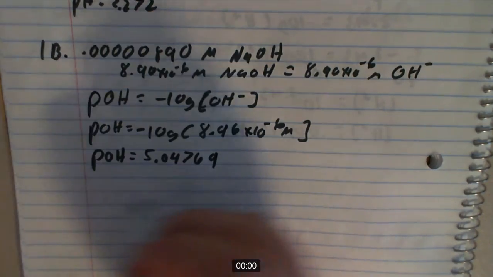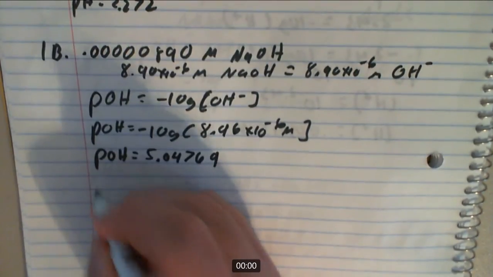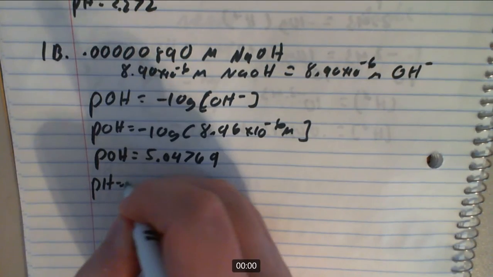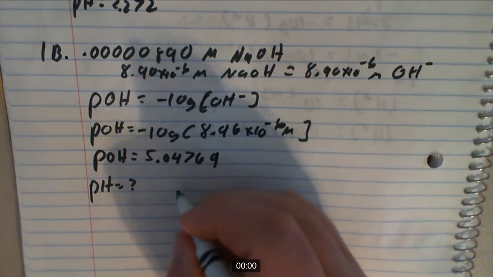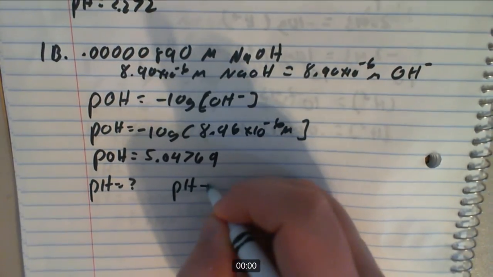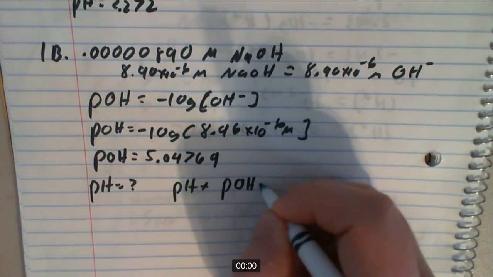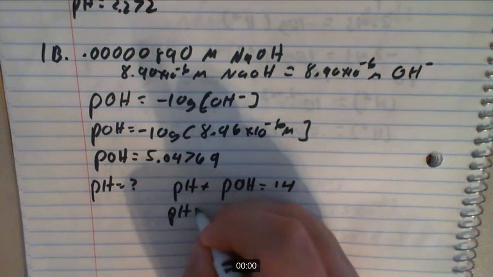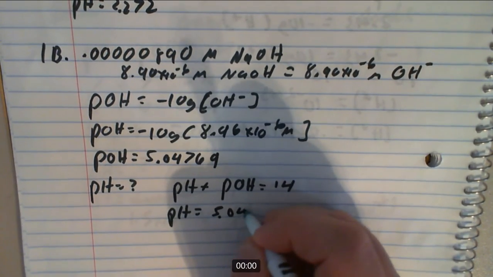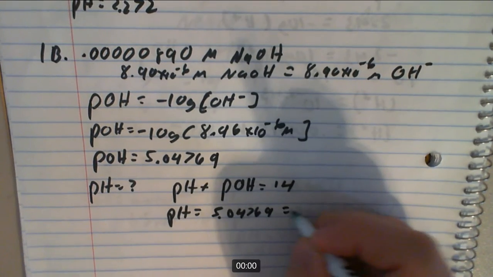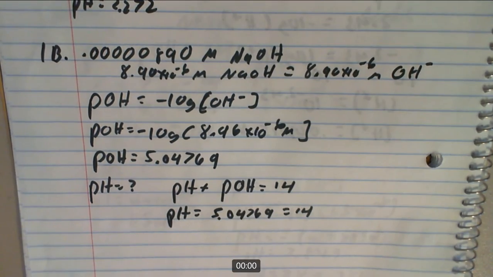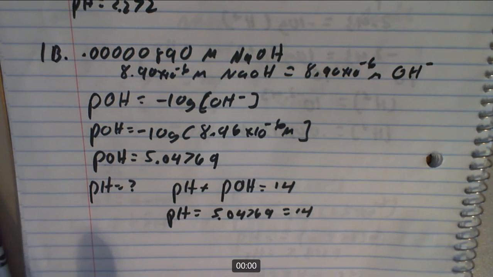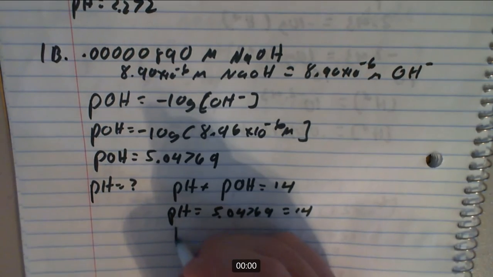Okay? So what's my pH going to be then? Well, if I want to know the pH, pH plus pOH has to equal 14. So simply subtract 14, subtract that number right there, and we got it. .952 is my pH.